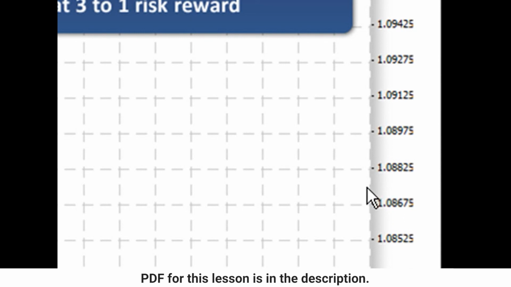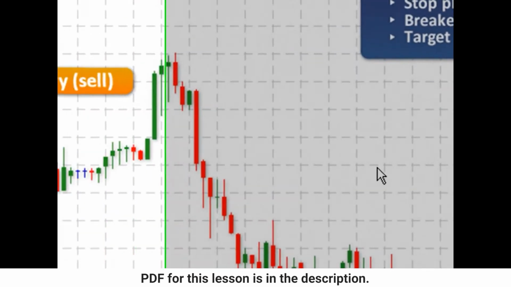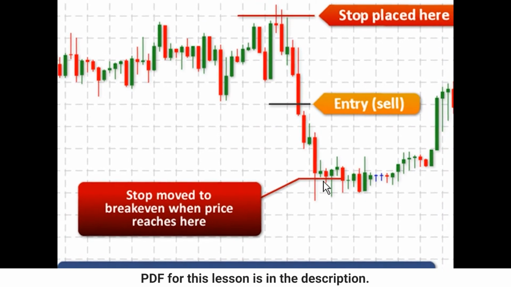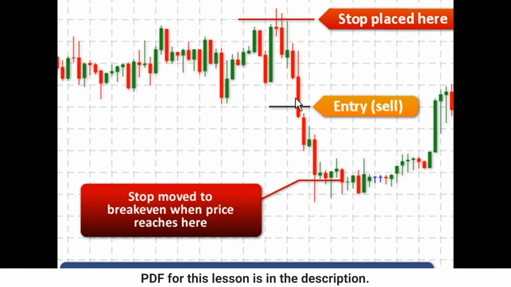So around about this area here. So when price reaches this price right here, which is in between the area I just indicated, we will move our stop from the original place down to the entry price.